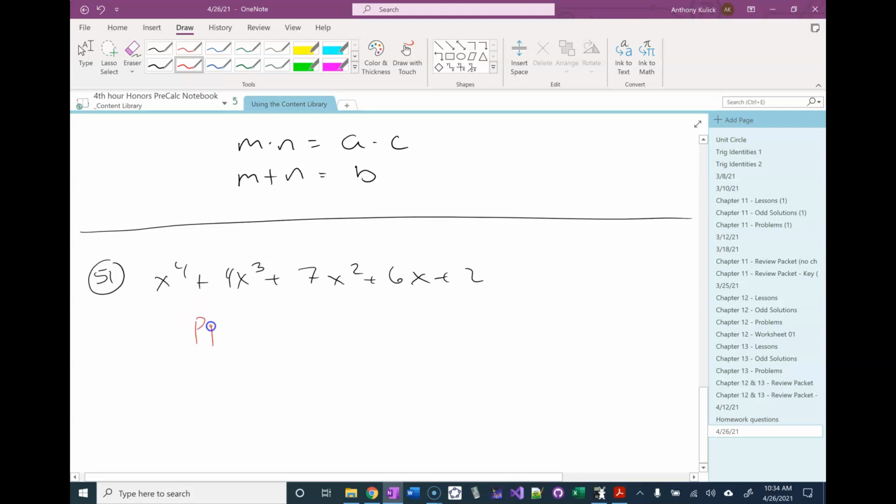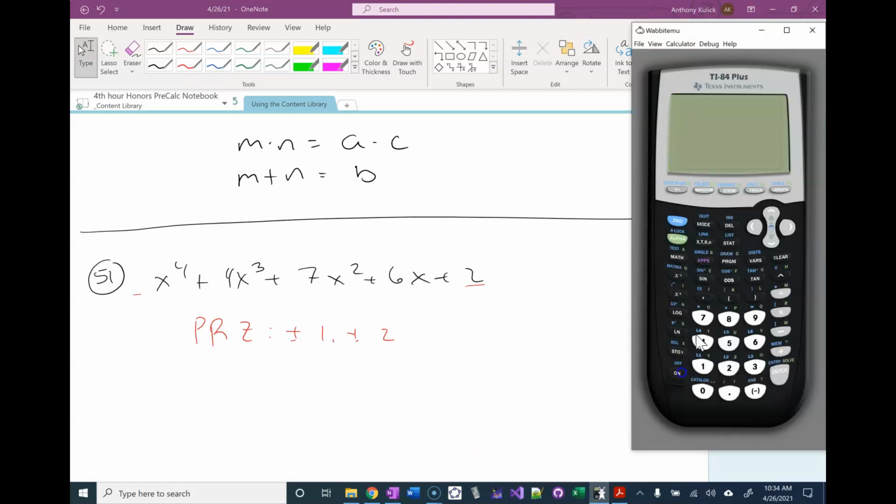Absolutely. So again, my possible rational zeros are going to be factors of 2 divided by factors of 1. So just plus or minus 1 or plus or minus 2. I'll go take a look at the graph.